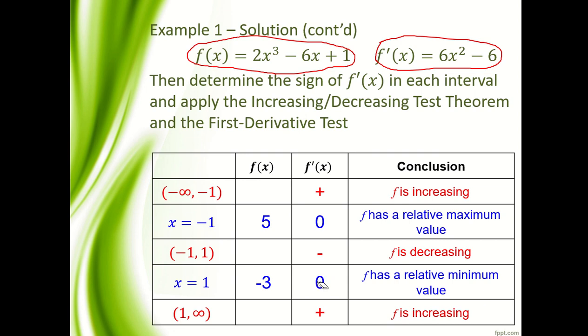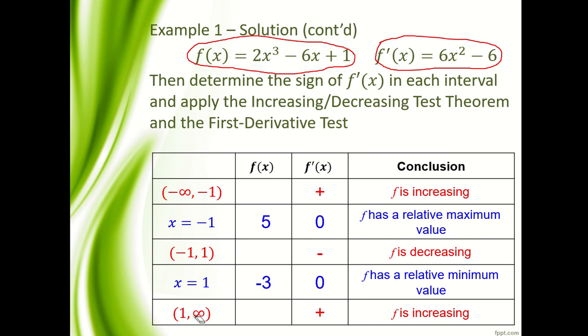So f prime of x is 0, and the value of the function is negative. It means that f has a relative minimum value at this point, at 1 and minus 3. So here we have a relative maximum because our f of x is positive, right? And here our f of x is negative.